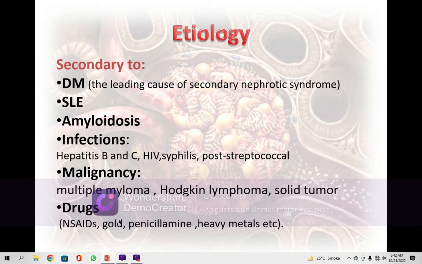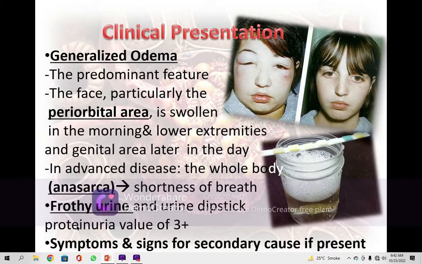Drugs like NSAIDs, gold, penicillamine, and heavy metals will also cause damage to the glomerulus. Although NSAIDs cause interstitial nephritis or analgesic nephropathy, the glomerulus is also involved. The clinical presentation in this is usually seen in younger age groups rather than in older age groups.